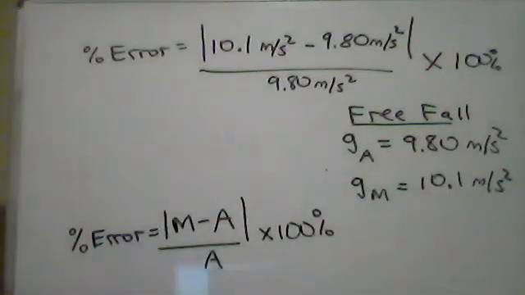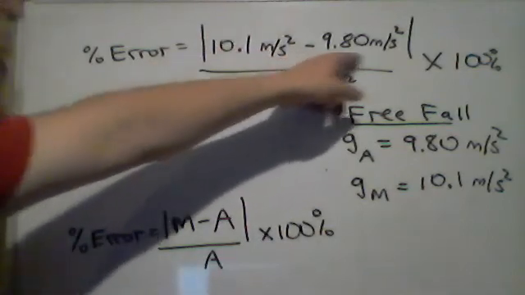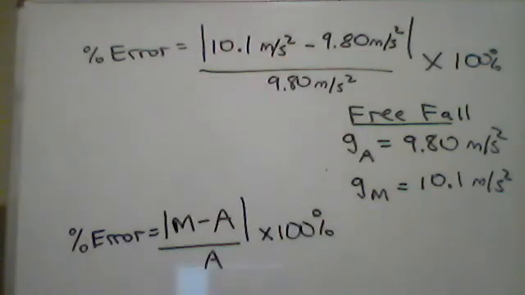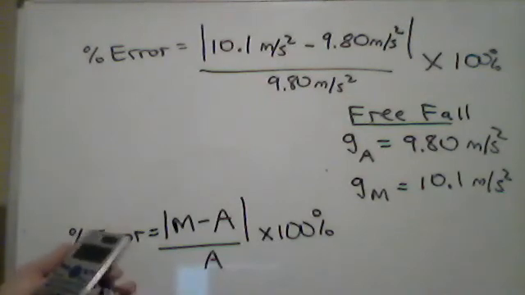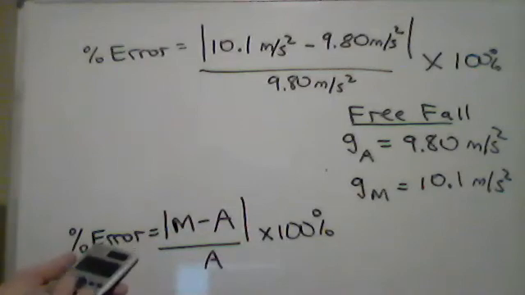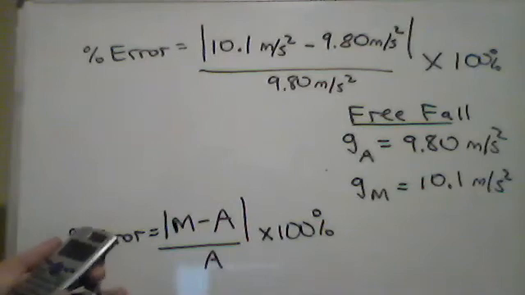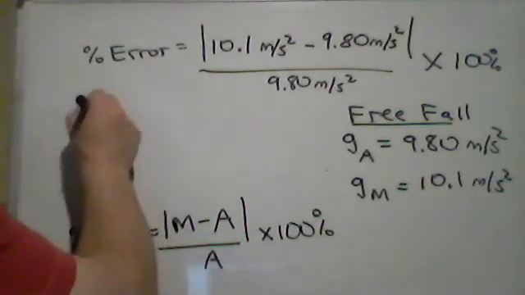Now, again, I did some things on purpose here, in that I only know this value to one place after the decimal. I might know this to 2 after the decimal, but let's see what I get. So I'll do 10.1 minus 9.8, and again, it's already positive, divided by 9.8, and then multiply by 100. I'll get a percent error.